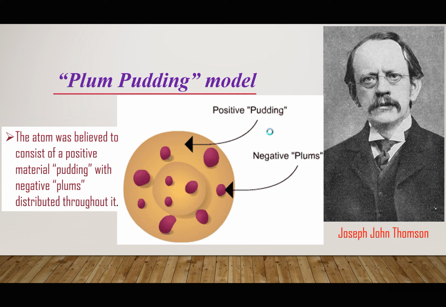So according to J.J. Thomson, an atom is a positively charged material with negatively charged particles distributed all over the material, which makes the material a neutral particle.